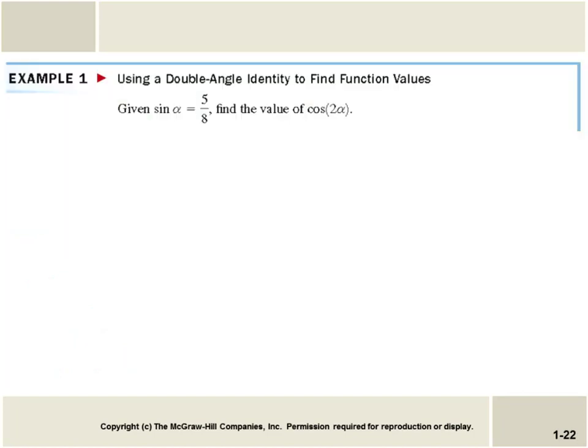All right, so it says using a double angle identity to find function values, I'm given the sine of alpha equals 5/8. So, Arian, what do I do next? How do I do this problem?